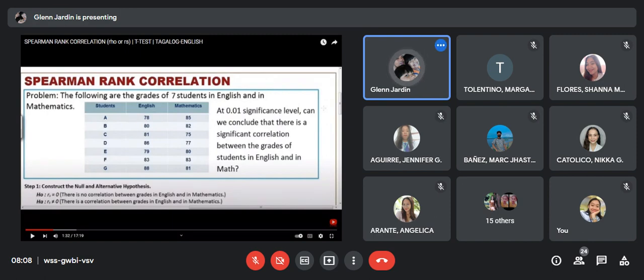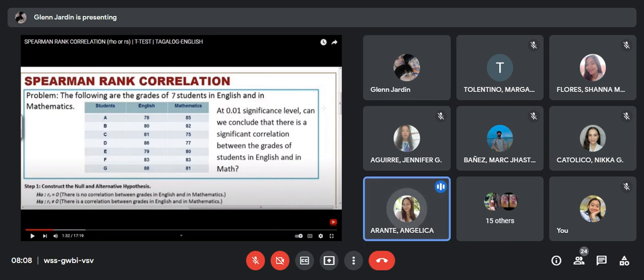Wala bang Arambulo dyan? Absent po si Arambulo. Tanggalin natin sa list yan pagka hindi sumasagot. Arante. How about Arante? So, let us see Arambulo mamaya. Pag wala pa rin, cross out na sa attendance yan. Arante, please. Please read step 1.